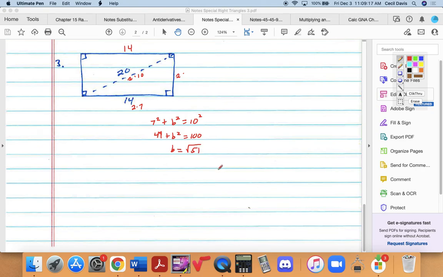Although that's divisible by 3, 3 goes into that 17 times, I'm not going to have any like factors, so this doesn't simplify. So this is 2 square roots of 51, and this side is also 2 square roots of 51. Since they're both 2 square roots of 51, would it be 4 square roots of 51? Indeed. So this is 28 plus 4 square roots of 51.